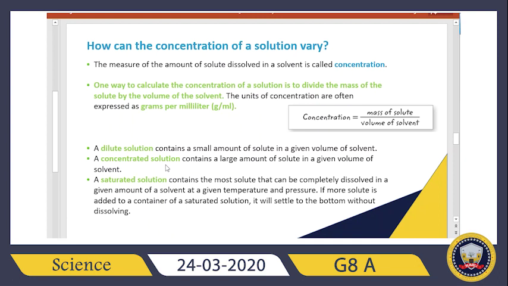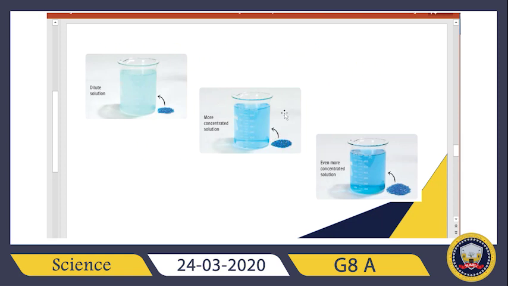In the same amount of water, if I am dissolving more material, more substance, then I will have a concentrated solution. So we have the same amount of liquid here. In a dilute solution we have less solute. In a concentrated solution we have more solute.